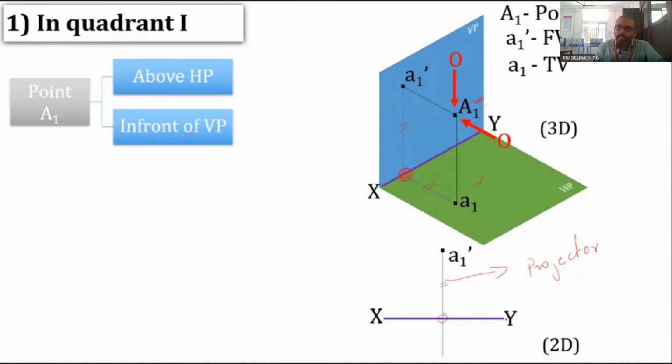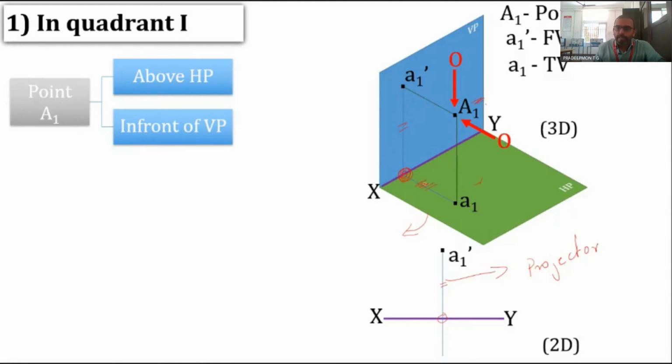Now you can mark the point A1 on this projector line, and it should be below the XY line, since it is this distance. This HP is rotated 90 degrees clockwise like this, so it should come below the XY line, and the distance of A1 from the XY line should be equal to the distance of this particular blue line.